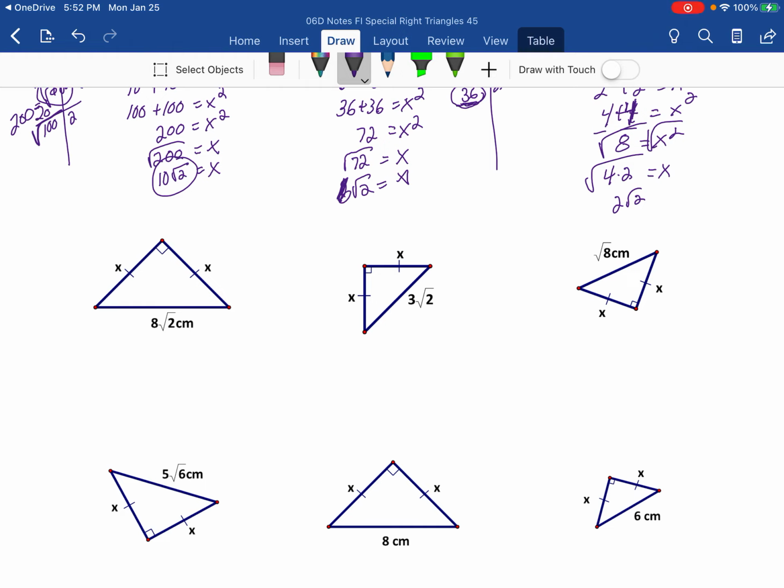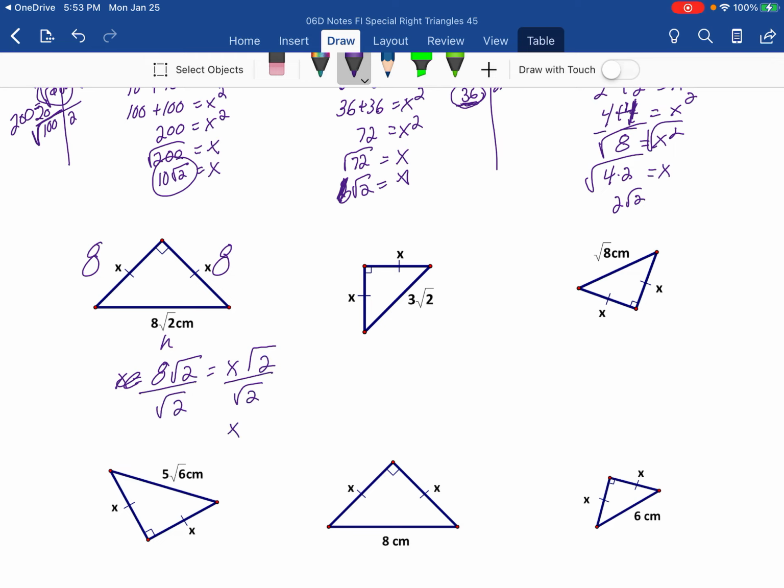So for the next one, I know my hypotenuse is equal to my leg times radical 2. Some of you can, right away, if this is 8 radical 2, you knew that this was going to be 8 and this is going to be 8. And so x is equal to my hypotenuse, was equal to my leg times radical 2.